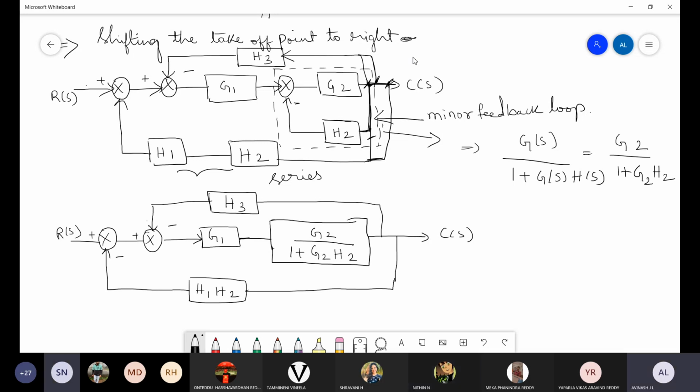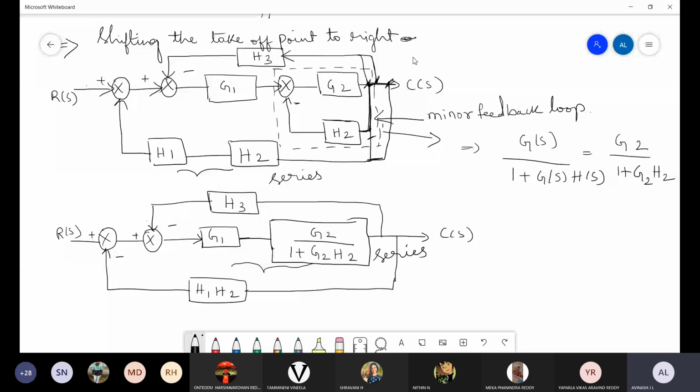All of you got this one, right? Once you got this one, we can go for the next step, that is these two blocks once again. This block and this block are in series. These two blocks are in series.